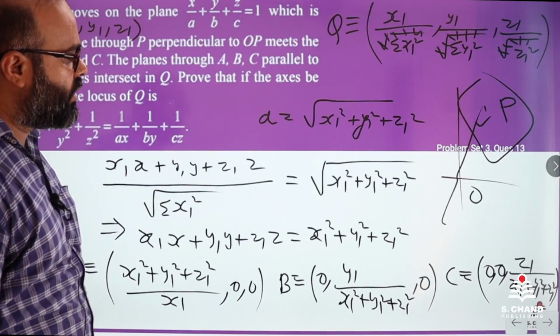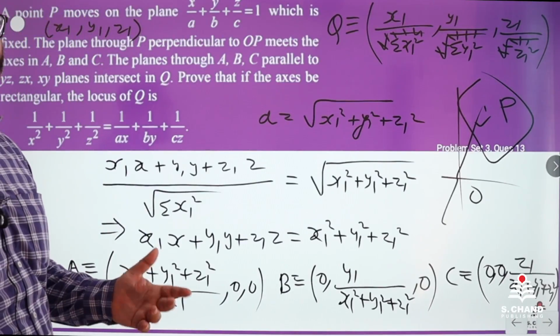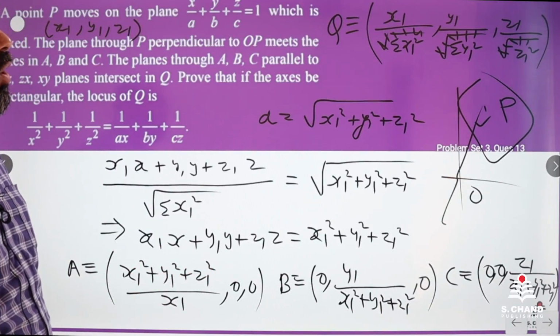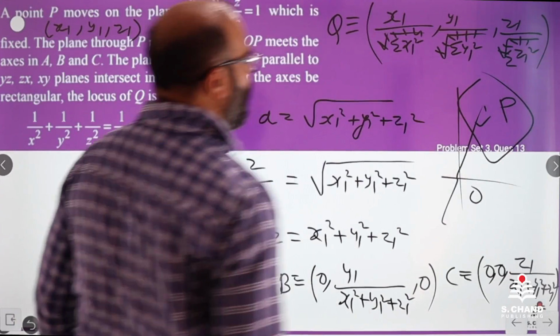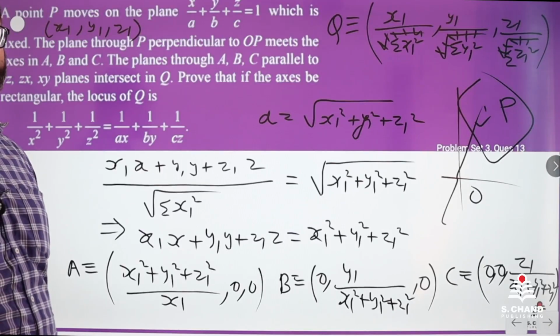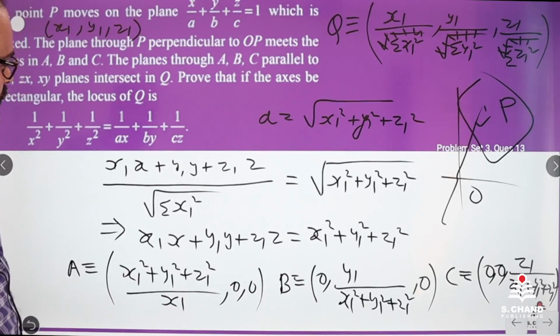So x1 by sigma of x1 square, comma y1 by sigma of y1 square, whatever you say, comma z1 by sigma of z1 square. All are the same, since sigma is the same for x1 square, y1 square, z1 square.